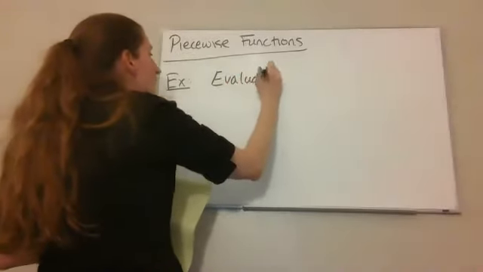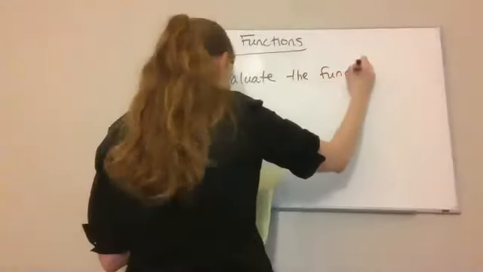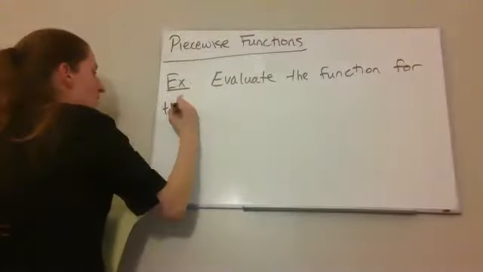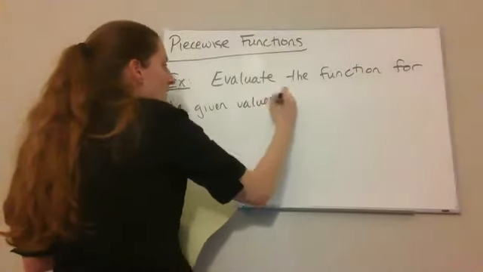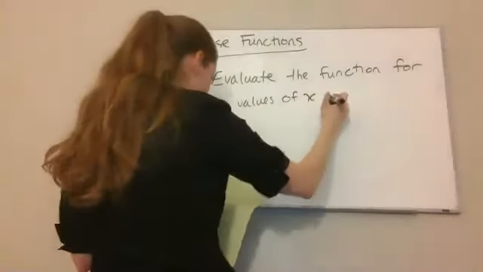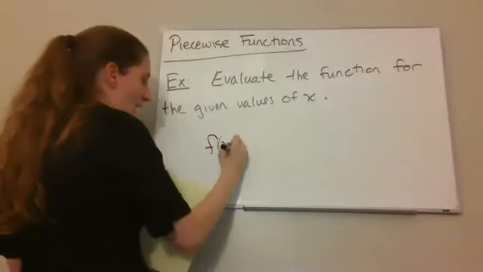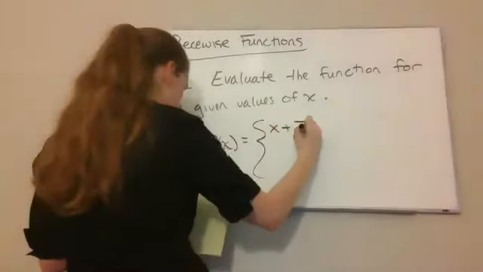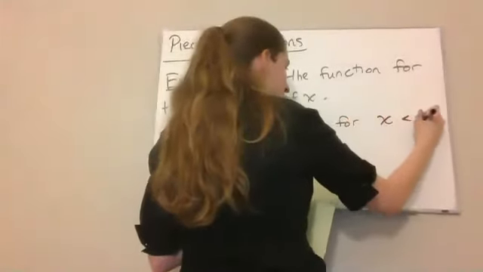We're going to evaluate a function for the given values of x. And here is what my function is. F of x equals x plus 7 for x that are less than -2.